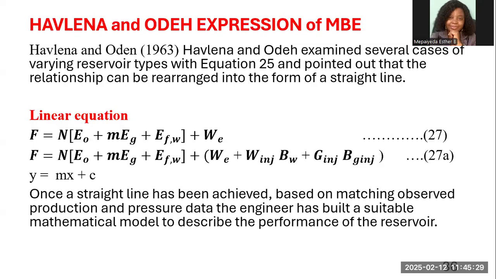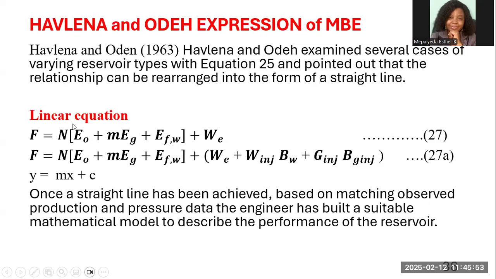From our equation 25 and 26, Havlena and Odeh modified it. Here we see the F, they retain F as the underground withdrawal. N is common to our components A, B, and C, so N is the subject here.